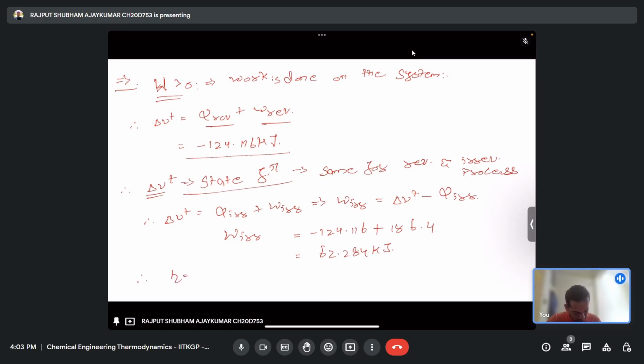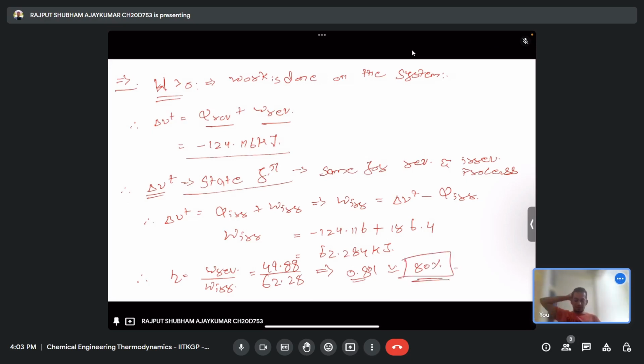Now efficiency will be work during the reversible process divided by work done during the irreversible process. Work done during the reversible process is 49.88. Work done during the irreversible process is 62.28. It comes out to be 0.801, so approximately 80% is the answer.